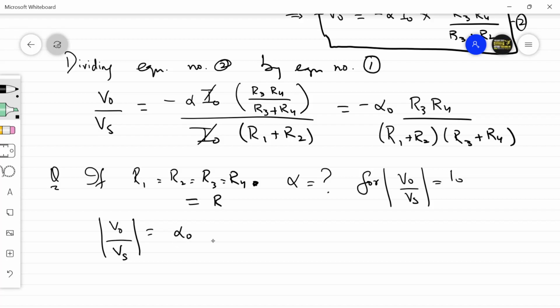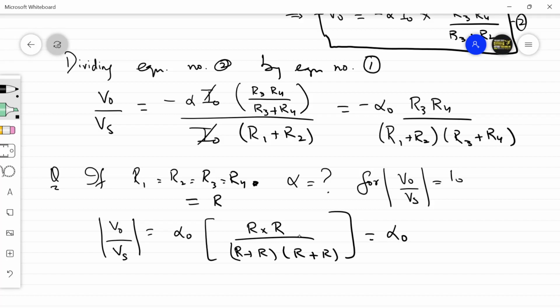So this is equal to alpha into R into R divided by R plus R into R plus R, which is equal to alpha into R square by 2R into 2R, that is 4R square. So 4R square becomes R square and R square cancels out.